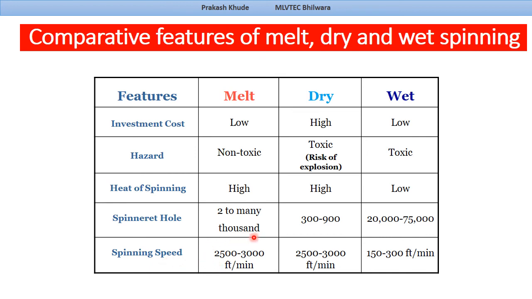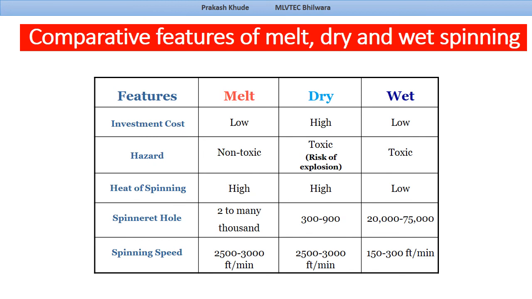The spinning speed is more in melt spinning and dry spinning systems, in the range of 2500 to 3000 feet per minute in both cases, while the spinning speed is very low in wet spinning systems, at 150 to 300 feet per minute.